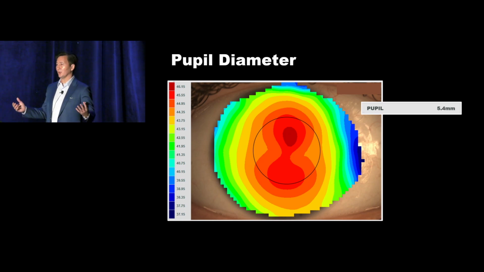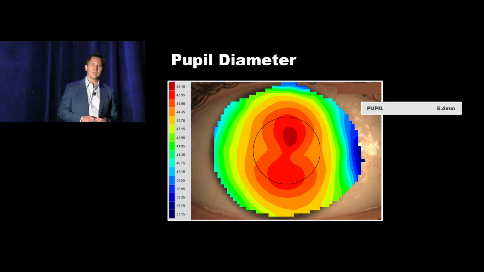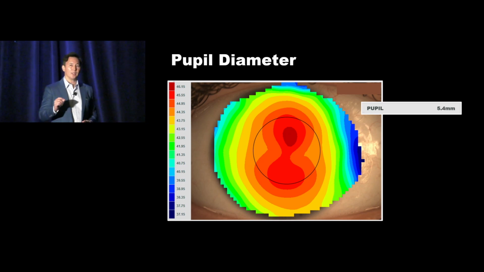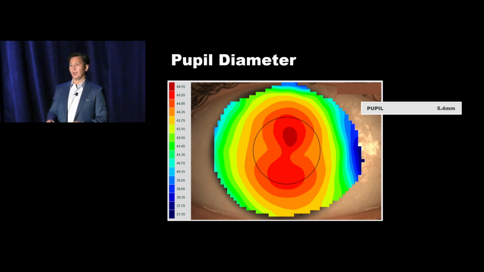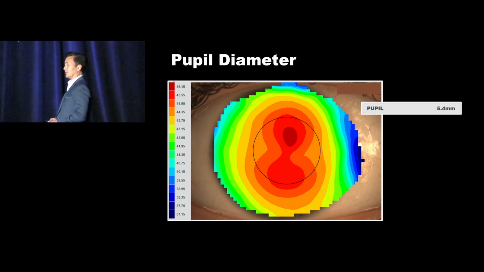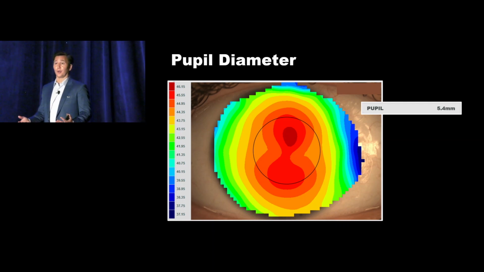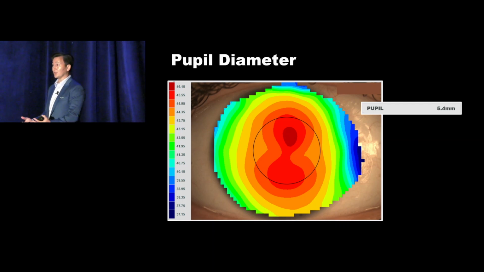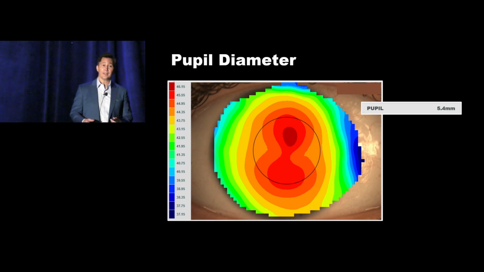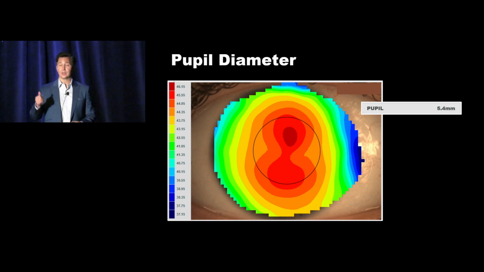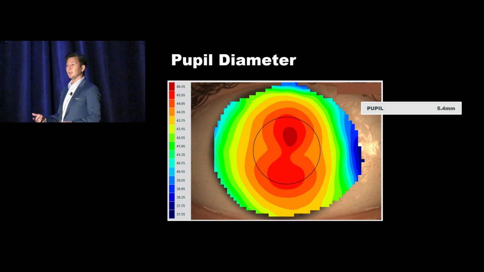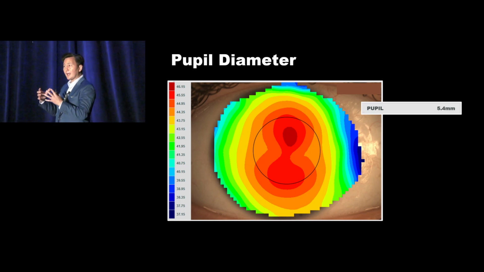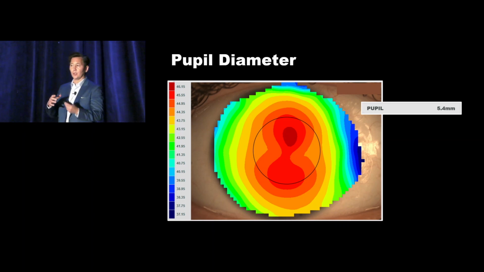So the bigger the pupil, the better. 5.4 millimeters is considered the average pupil size in normal illumination for a child. 5.4 millimeters, normal size for a child. So anything bigger than that, then we're probably going to be able to push more defocus signal into the eye. Anything smaller than that, then you have to be conscious, whether you're using soft multifocal or orthokeratology or any optic intervention, how am I going to pack the defocus into that smaller space.